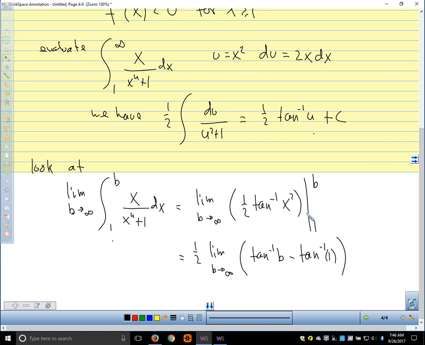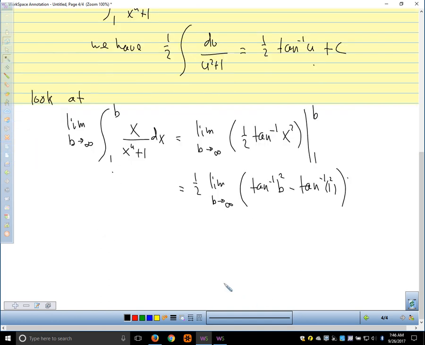It's b squared and 1 squared, just to make Dylan happy. It's like b squared, infinity squared.